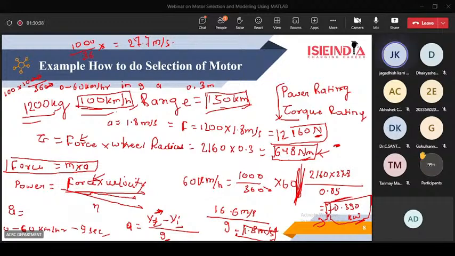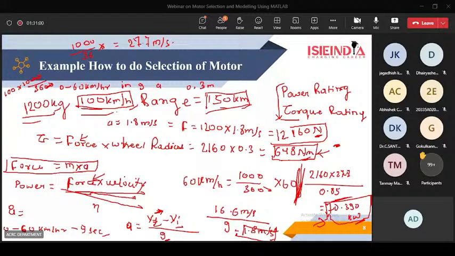Based upon that driving cycle we select the motor. I am just giving you an overview that I have assumed these things and how I initiated my motor selection. So this was about the motor selection.